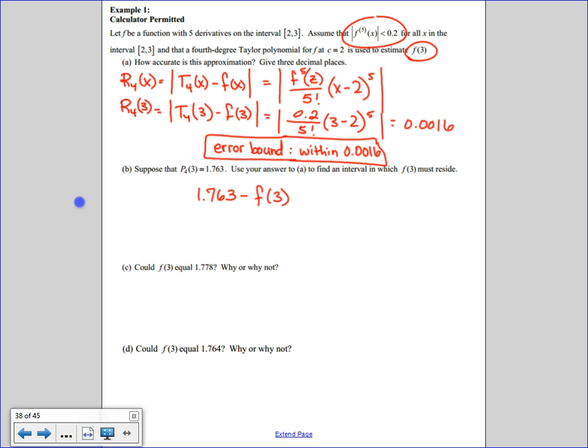Couldn't I then say, okay, positive and negative, so I can subtract from 1.763?